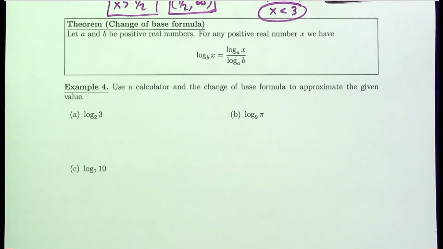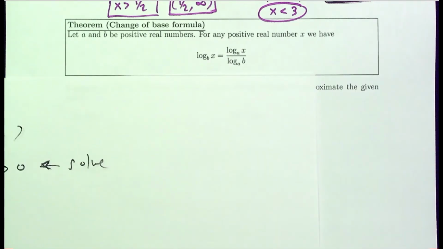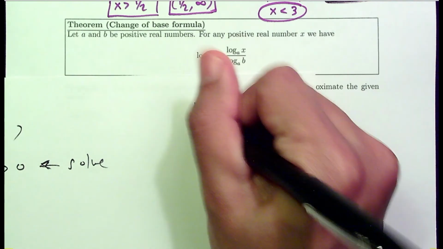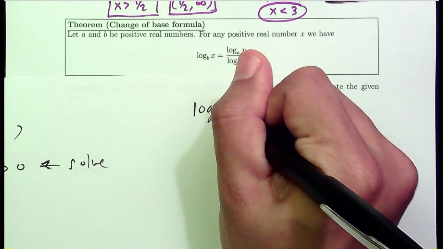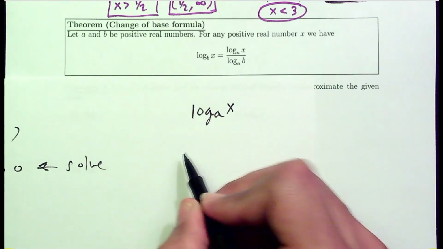And that is a formula for how to change bases. So suppose you have a logarithm that is base a, something like that, and I want to change that to a logarithm base b. So how do you do that? Well, this is how you do it.